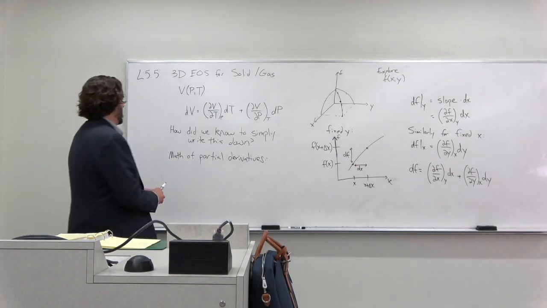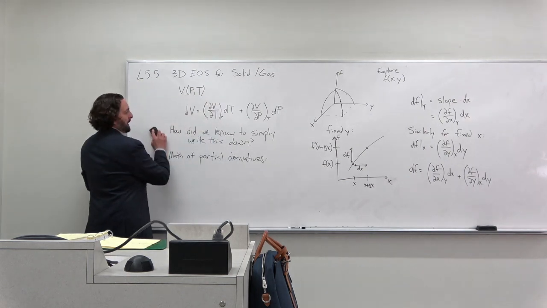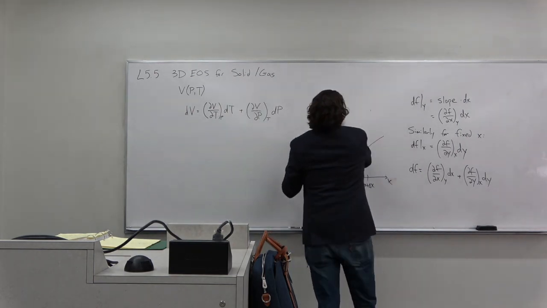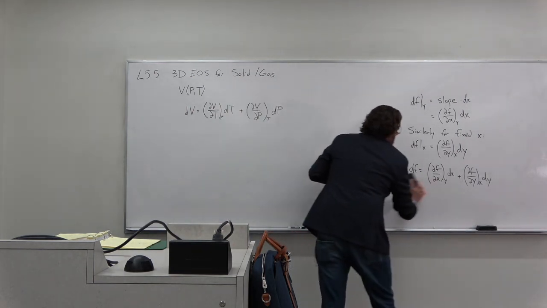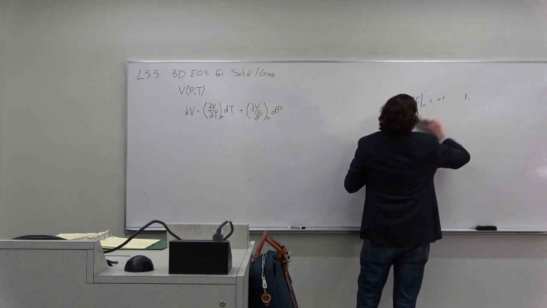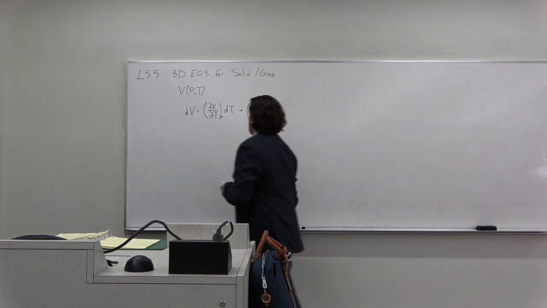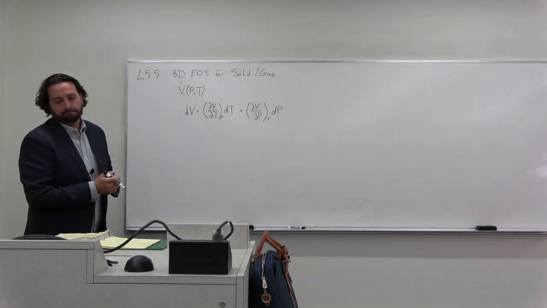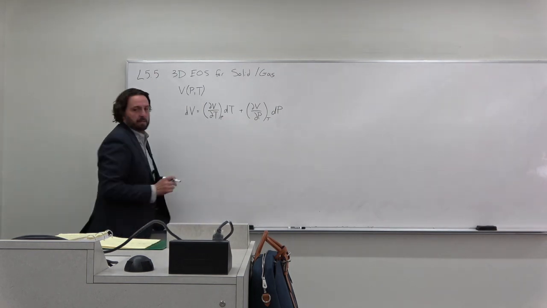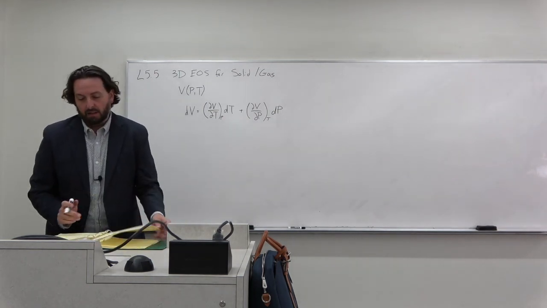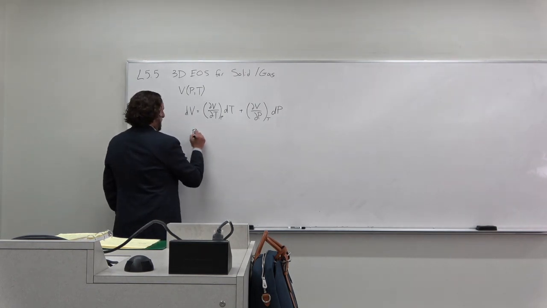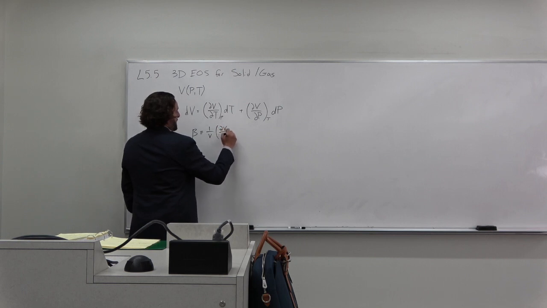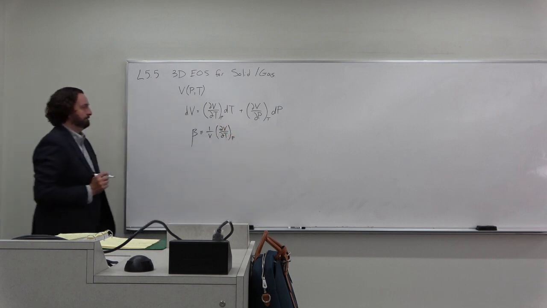Okay, so now let's keep that part and realize that now this part, partial v, partial t. Let's go back to our definition of beta. Beta was defined to be 1 over v, partial v, partial t, at constant p.